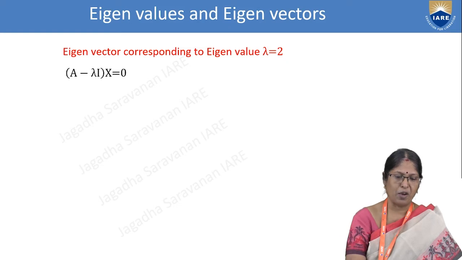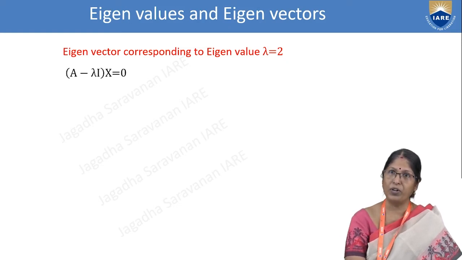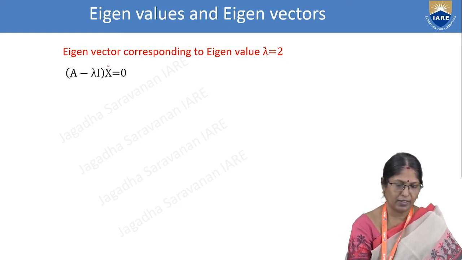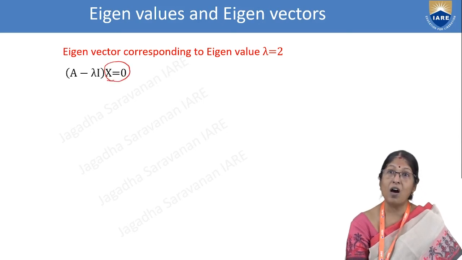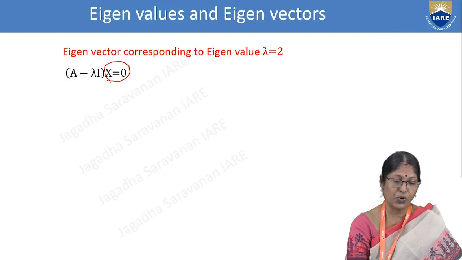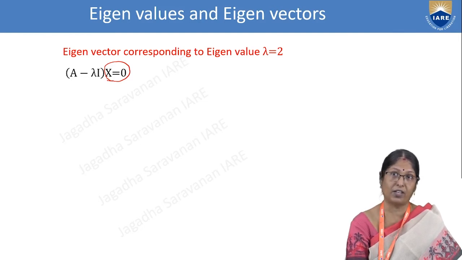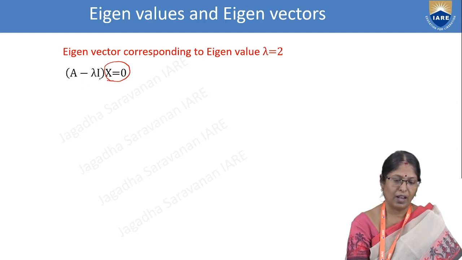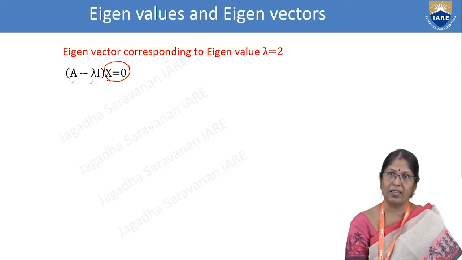So same, (A minus lambda I) X equal to 0. That is how to read this part: the non-zero solution X of the homogeneous system is the eigenvector corresponding to this eigenvalue of the given matrix A. That is the long sentence for this mathematical formulation.